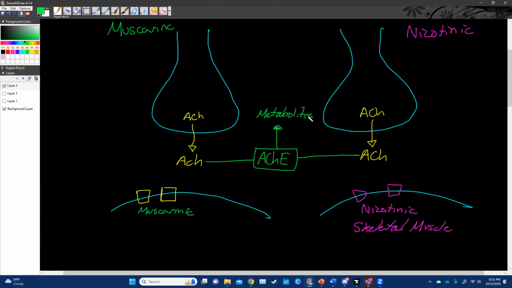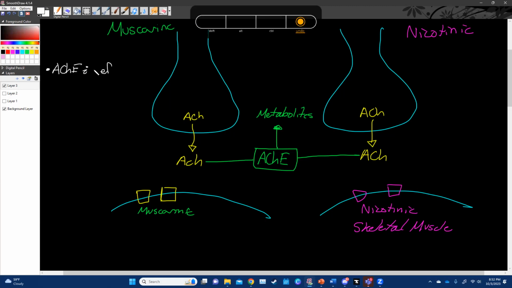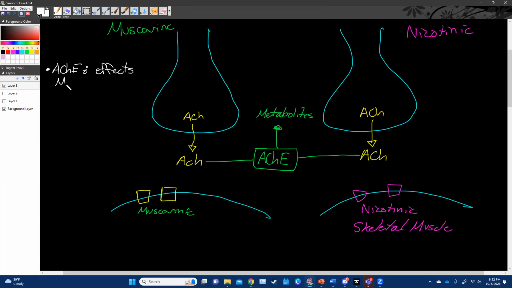All right. So if you give an acetylcholinesterase inhibitor, first point, an acetylcholinesterase inhibitor affects muscarinic and nicotinic receptors.